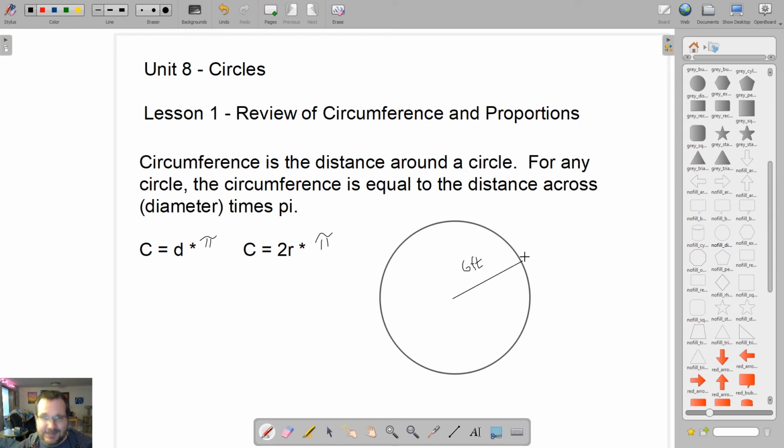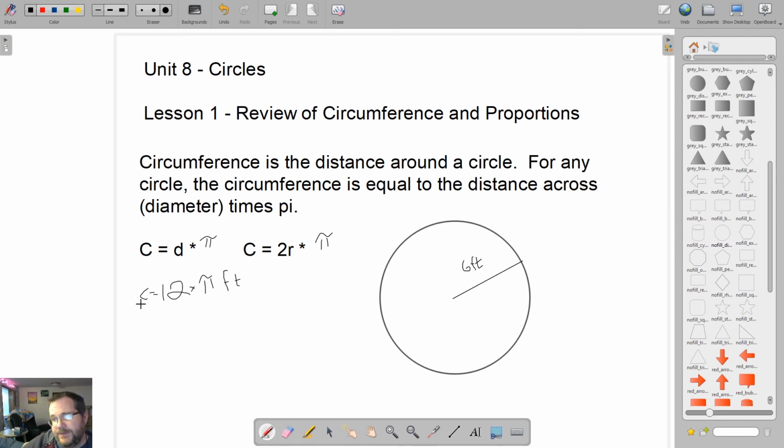Well, if the radius is 6, then the full distance across is 12, which means the circumference is equal to 12 times pi. You can multiply it through, or if you were to answer just as 12 pi feet and not multiply through at all, I'm totally fine with that. But if you go to the trouble of multiplying it through and get 37 point something, that's totally fine by me. Either way, if you're going to multiply it through, make sure you round to 2 decimal places.